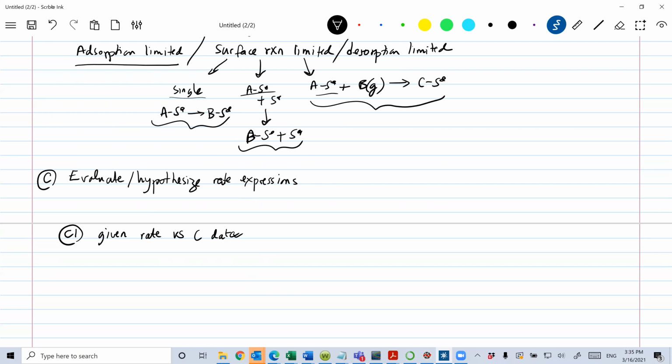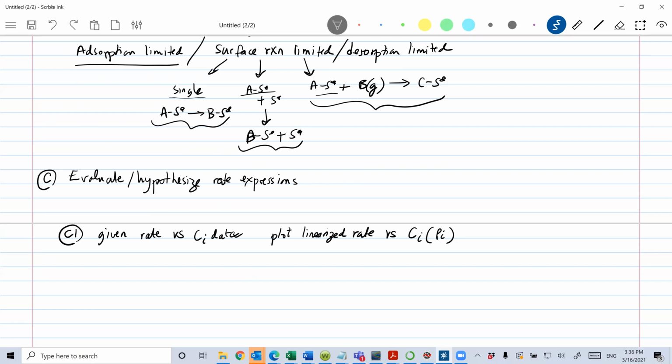If you're given rate versus concentration or partial pressure data, you can plot a linearized rate versus concentration or partial pressure, I'll just call it P_i, C_i. And if you linearize it, you can calculate the constants based on the line, because the slope and the intercept are all going to have a value.